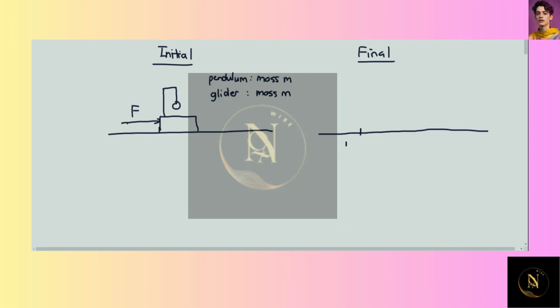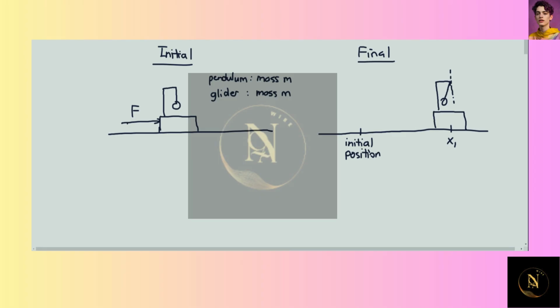So I'm going to denote this as the initial position of the glider. After some time, the glider moves some distance, and this is x1, and then the pendulum would move.